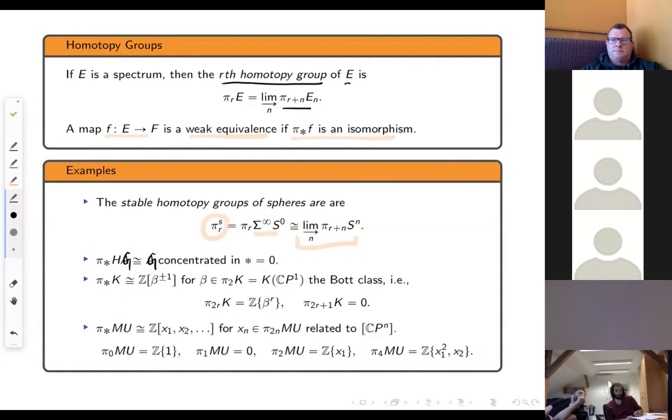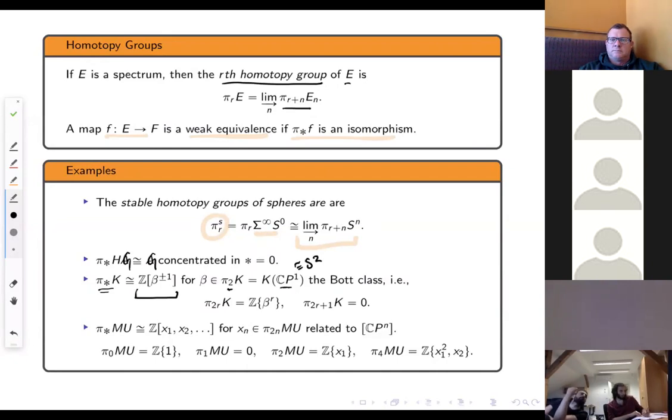Okay, so the homotopy groups of K-theory: I've described them as Z adjoin a class beta with its inverse. Beta is the Bott class. CP1 is the same thing as S2, so that's where you get the pi 2 here. It has a line bundle on it, and beta is the class for the canonical line bundle.